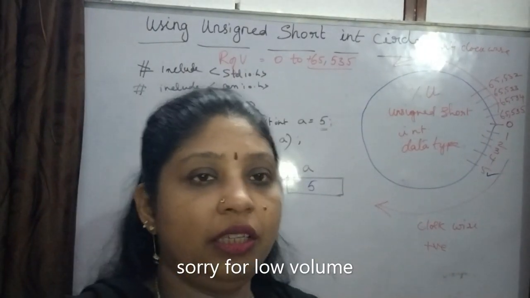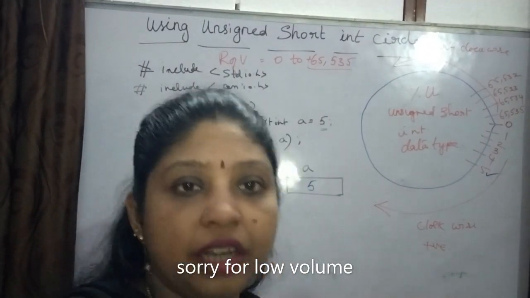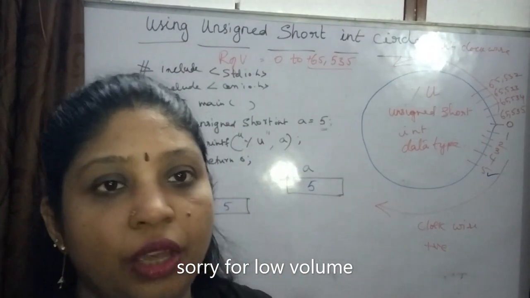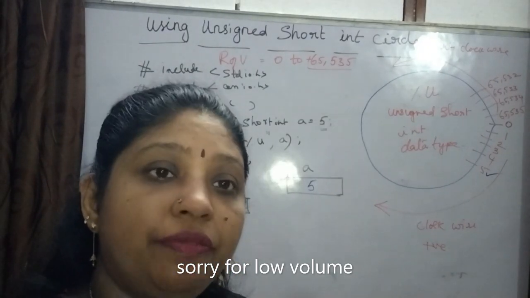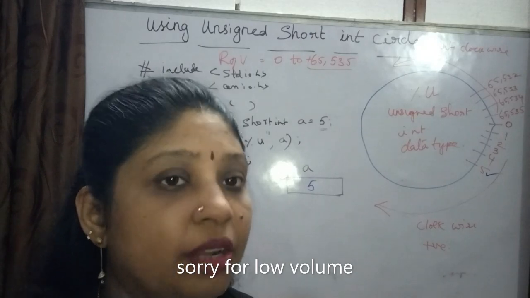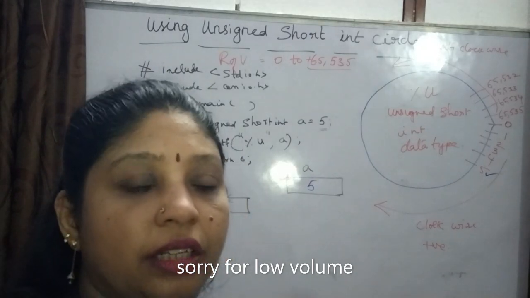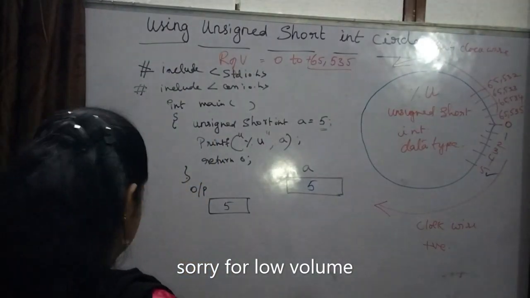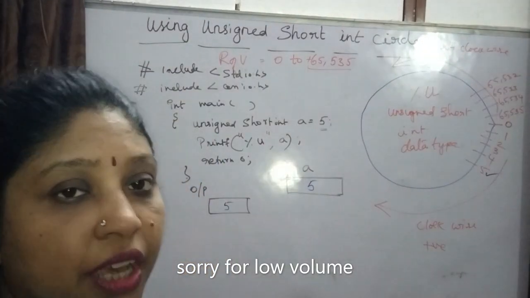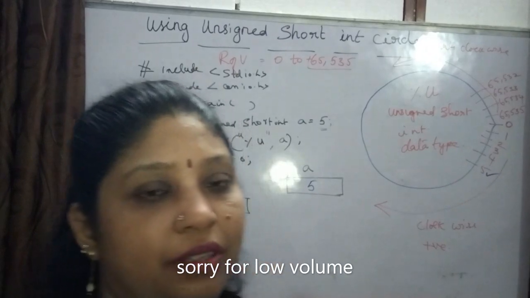Understood? If you give a number which is there in that circle, it is easy for the compiler to understand. Suppose you have given a number which is not there in the circle, then what happens at that moment we will see. Now think that I have given a negative number.